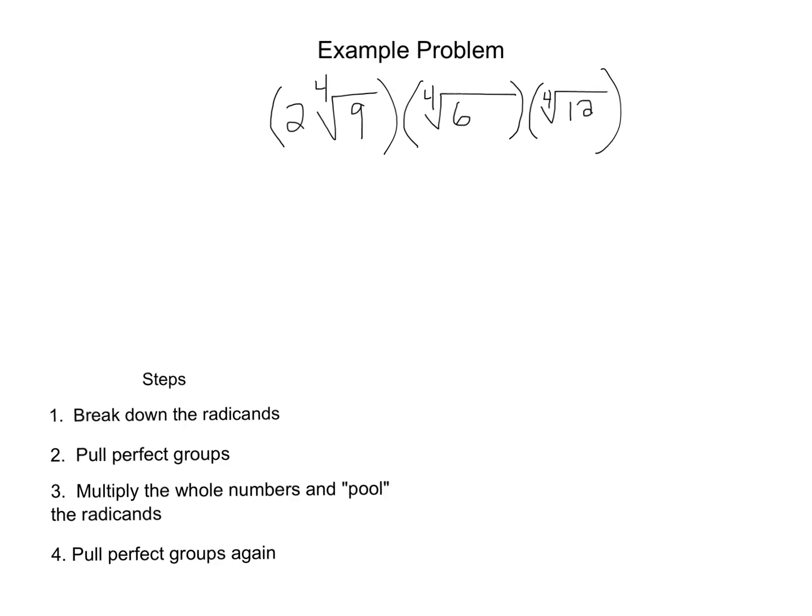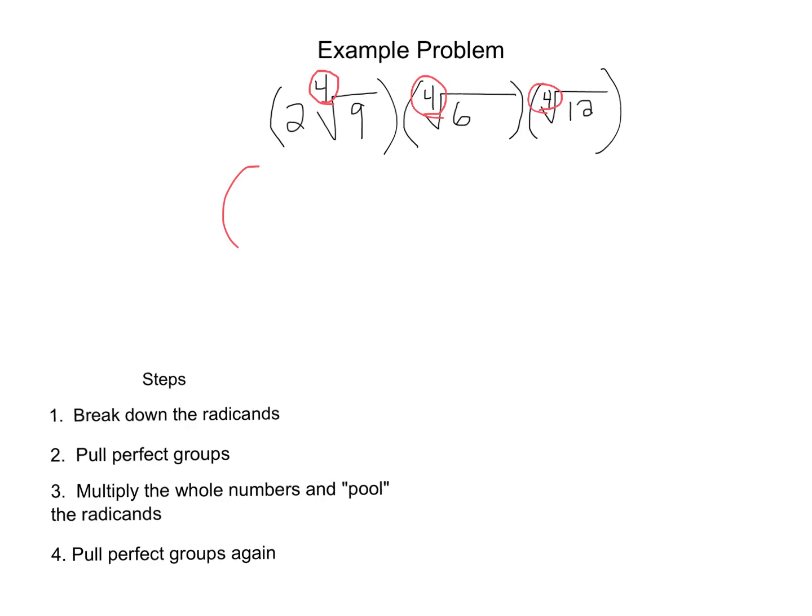Alrighty, folks, here's our next one. Now, I remembered this time to put in our steps, just in case you missed them on the last one, and that's okay. So again, first thing we'll do, let's break down the radicals. But we're going to keep in mind that I'm dealing with 4th roots this time.